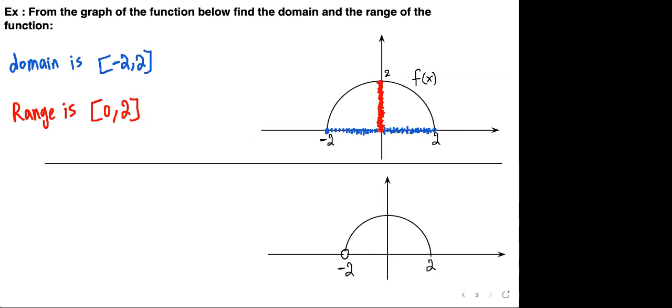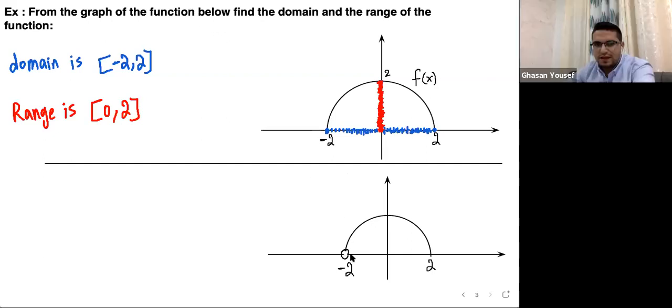Since it's an open circle, -2 is going to be open, and at 2, I think it's going to be a bracket. Exactly. At -2 we don't have a value because it is an open circle. Open means not included. So the x values starting from close to -2 on this side are all used.